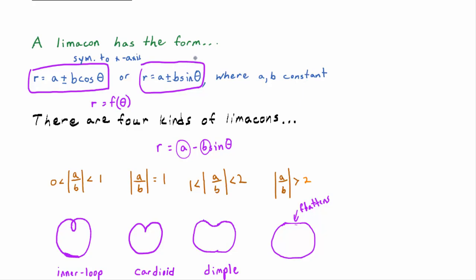And if it's sine instead of cosine, it's going to be symmetric to theta equals pi over 2, which is the y-axis. And that's handy to know, because if it's symmetric to the x-axis, the top half of the graph will be the mirror image of the bottom half. And if it's symmetric to the y-axis, the left half of the graph will be the mirror image of the right half, and vice versa. So that's nice to know ahead of time.